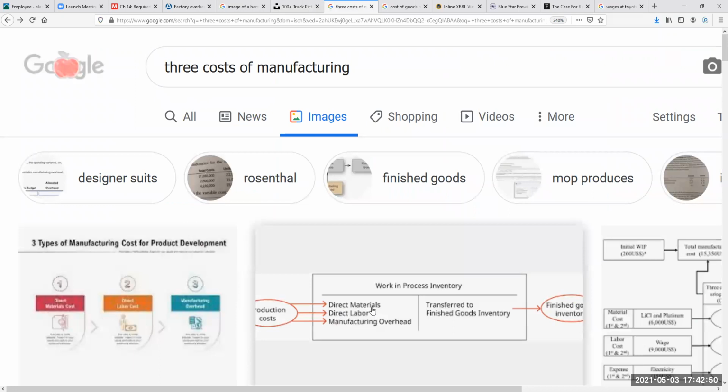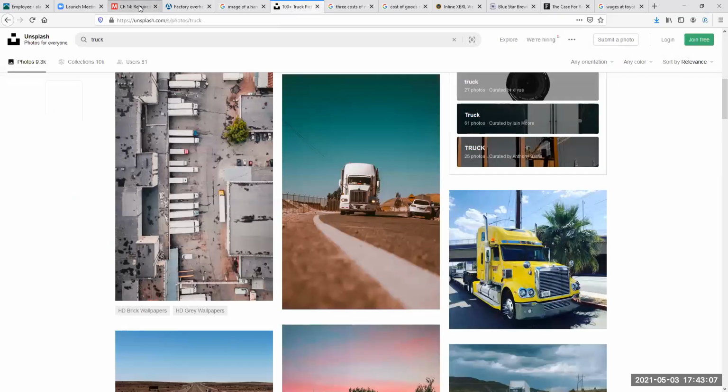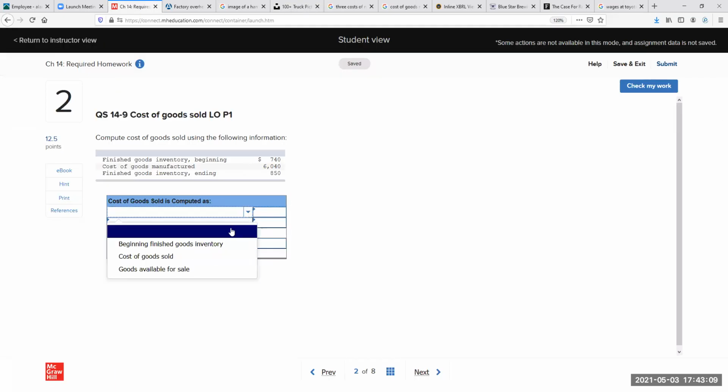Three costs: direct materials, direct labor, manufacturing overhead. So now in this problem, they want to know the cost of goods sold. So of your cost, how much did it cost to what you sold? So how many of these things did you have? Let's just say you're selling trucks. How many trucks did you have in beginning inventory?